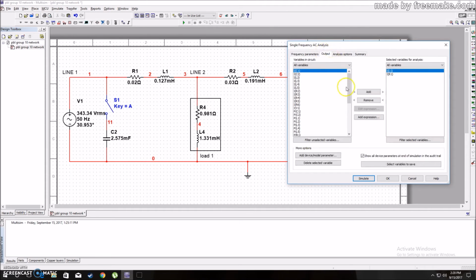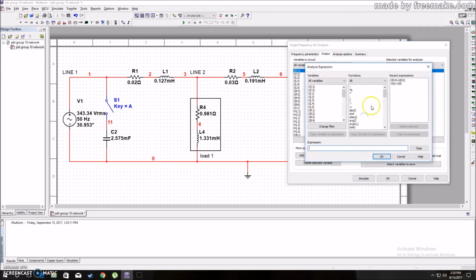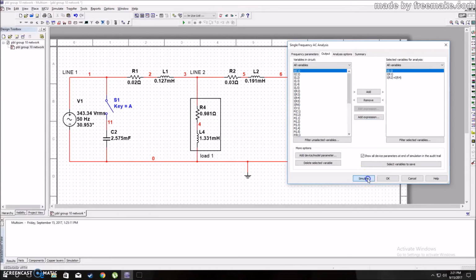I'm going to select the variables and add an expression because it involves an operation. So the current flowing at transmission line 2 to 3 is equal to IR2 plus the current flowing at load 1. The current flowing at load 1 is equal to IR4. Okay, and then we click simulate.